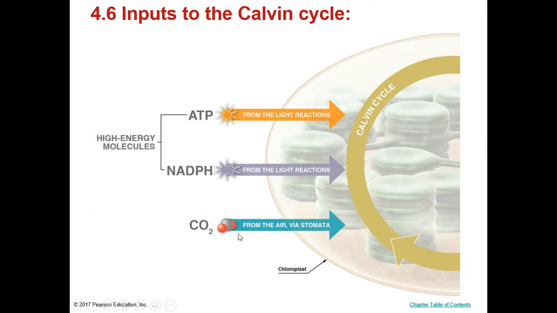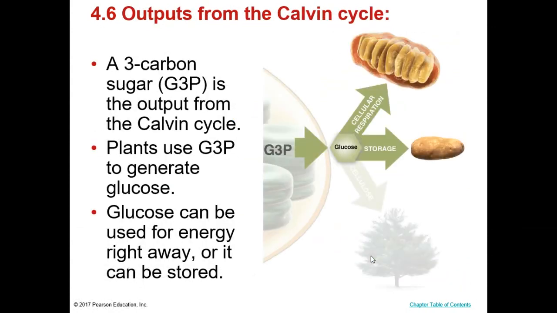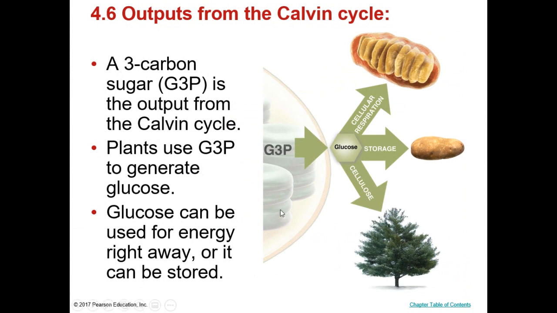Okay, so CO2 is found in the air, in the environment, right? It comes into the leaf via the stomata, which is kind of like a pore. And then those 3 put together inside of the stroma of the chloroplast make up the glucose that is going to be utilized by the plant in order to grow and develop and also make more ATP.